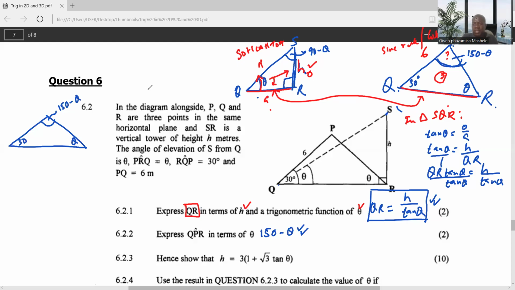Okay, let's check something. This is P, this is Q, this is R. So let's make these small letters: small p, small q, small r. We know PQ, the size is 6 meters. They told us that.